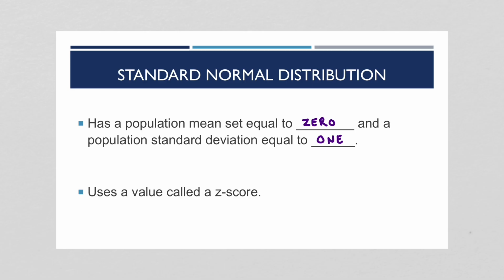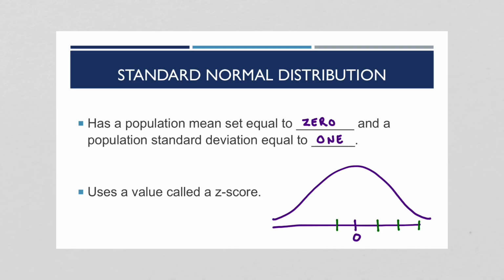So to add a little bit more context behind it, I'm going to go ahead and sketch in a normal curve. So again, your mean is set equal to 0. So I'm going to go ahead and denote it here. We know that the mean is going to be central in a symmetric distribution. And then in green, we're going to do 3 standard deviations above the mean and 3 standard deviations below the mean.